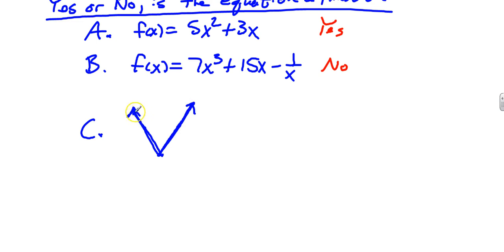Well, again, it's got to be smooth. So for one like that, that's a no. If it was a smooth graph, it would have to be something kind of like this. That one's okay.